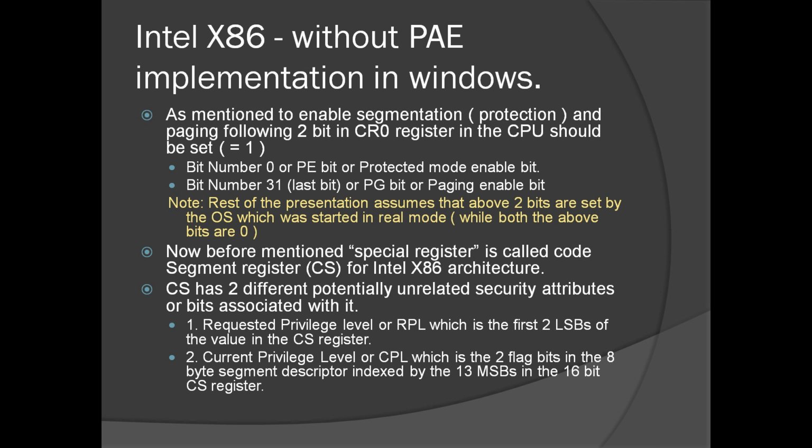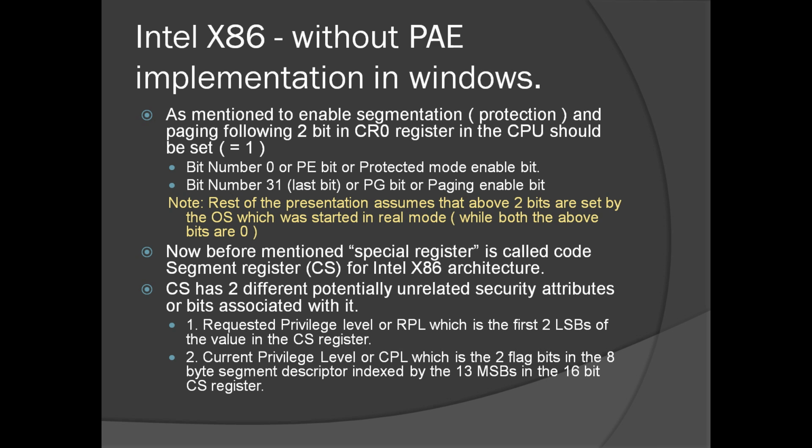Now the special register we were mentioning in the abstract discussion of security is called the code segment register in Intel x86 platform. Code segment has two different, potentially unrelated security attributes or bits associated with it.